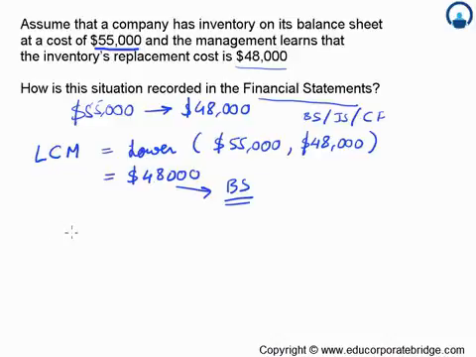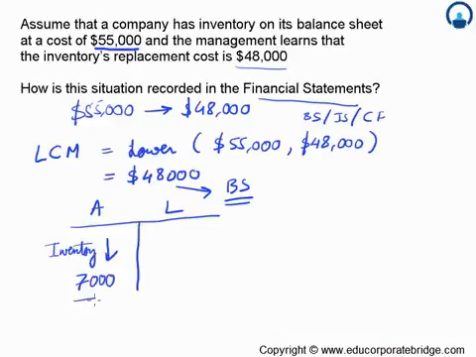Essentially, in the balance sheet we are talking about the assets and the liabilities. Your inventory is going down by almost 7,000, since 55,000 minus 48,000 is 7,000. So we note here that the assets have reduced by 7,000.